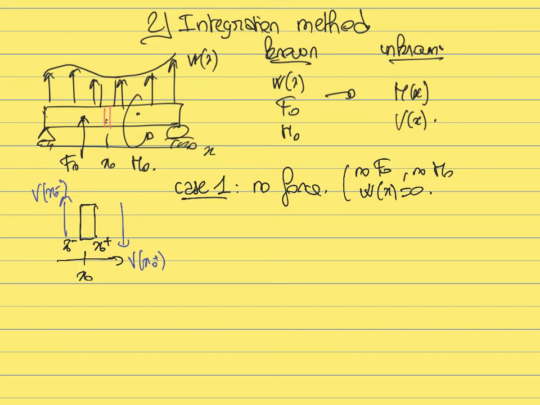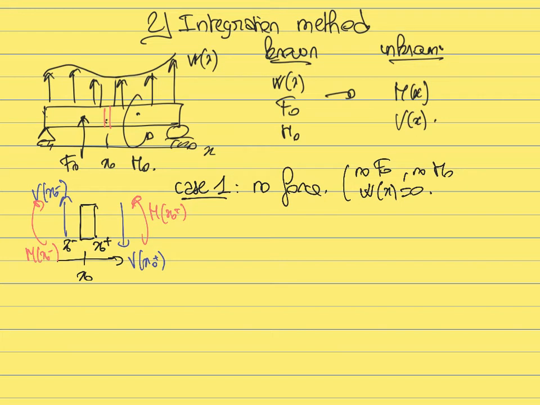And then we are also going to define the internal moment. The internal moment is always positive when it tends to make the beam smile like this. So that would be the internal moment at x naught plus and the internal moment at x naught minus.